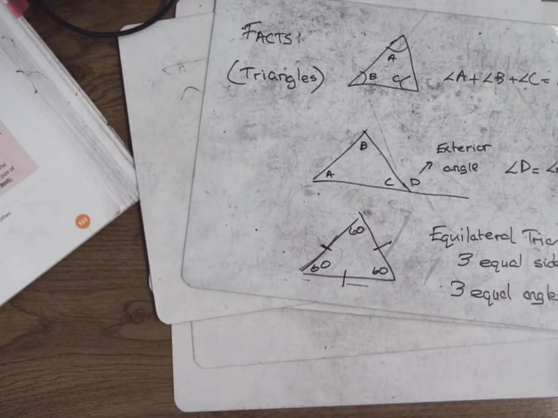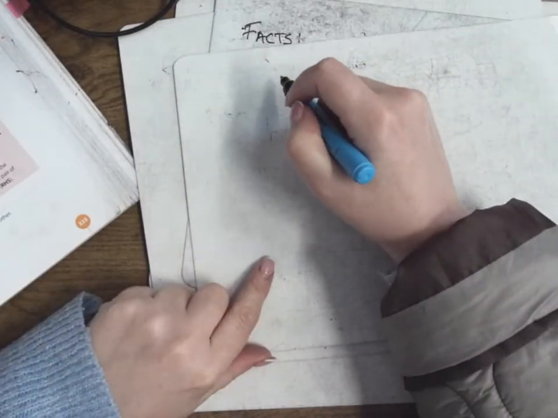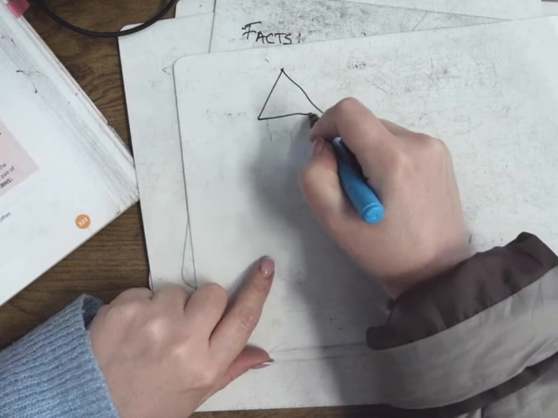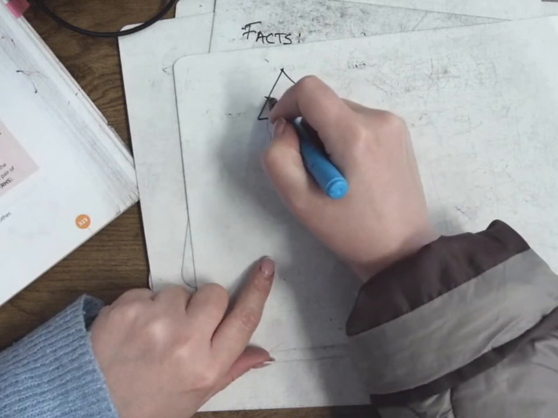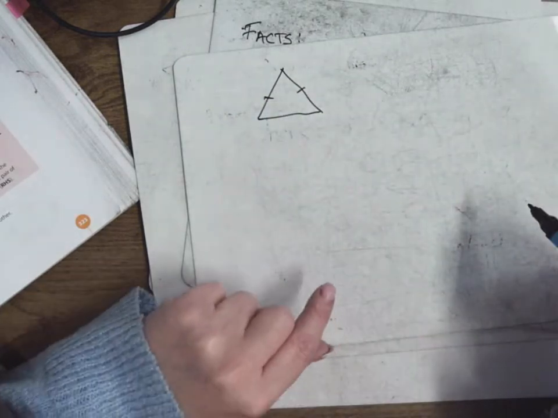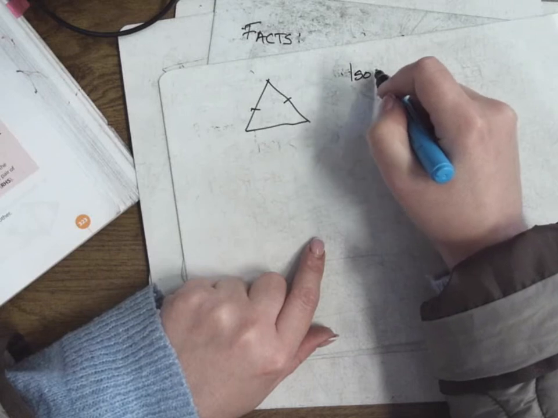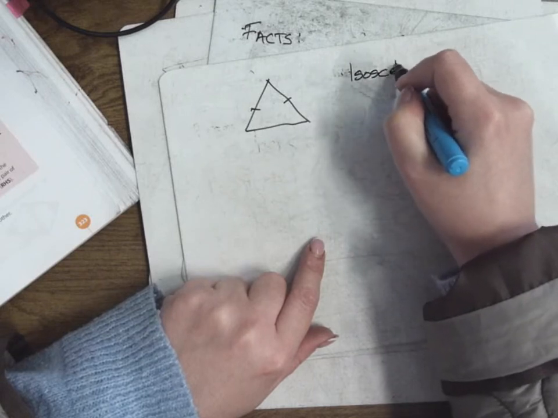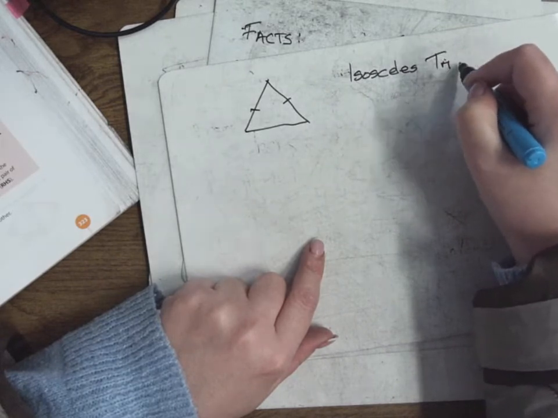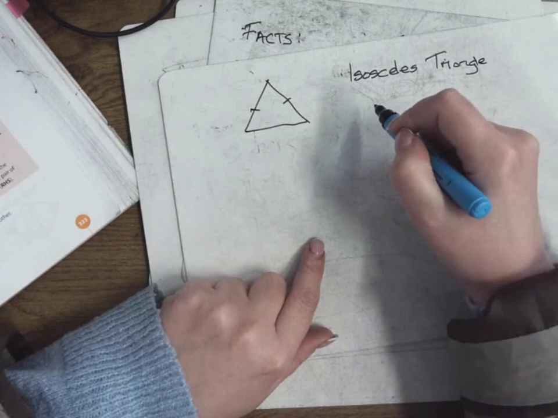Right, the next type of triangle is this one. Again, they'll put the same symbol on the lines. What kind of a triangle is that? Isosceles triangle. And an isosceles triangle has how many equal sides? 2 equal sides, and therefore 2 equal angles.